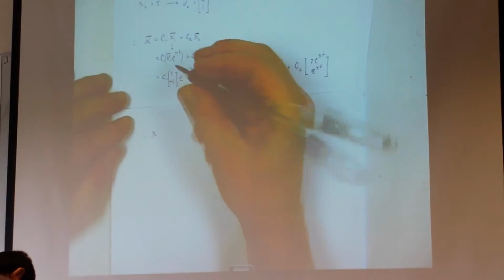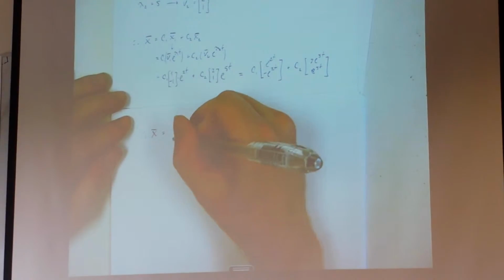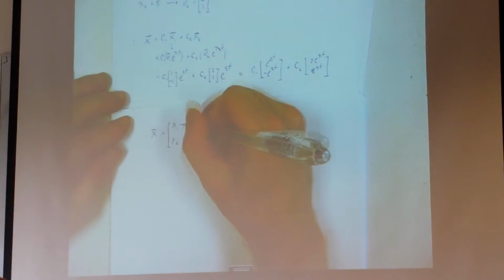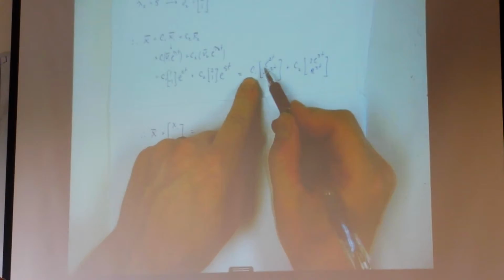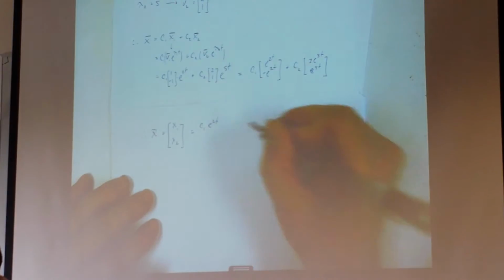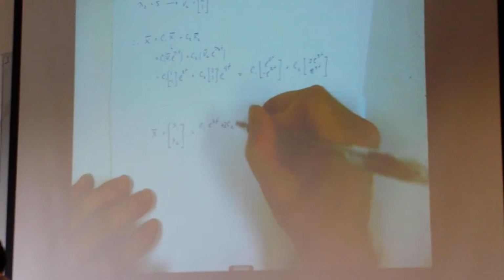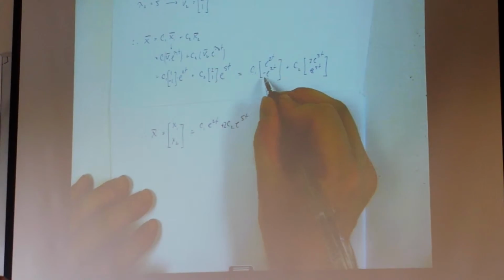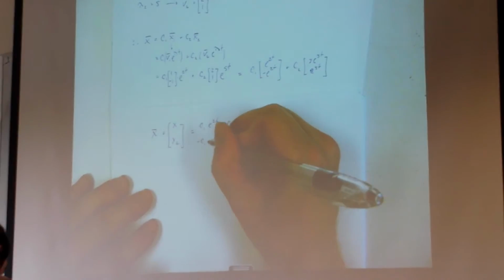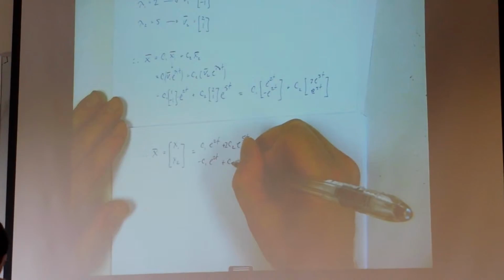So we can think of it as x bar equals x1, x2 equals, and multiplying that scalar, on top it's C1 e to the 2t plus 2C2 e to the 5t. And the bottom is negative C1 e to the 2t plus C2 e to the 5t.